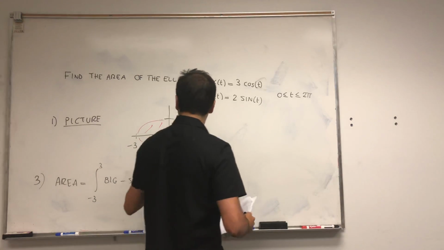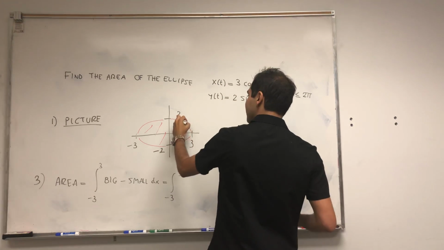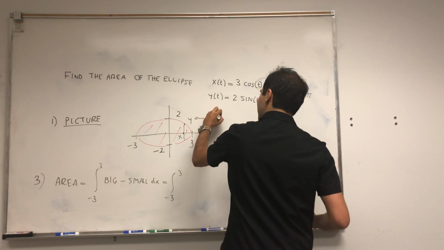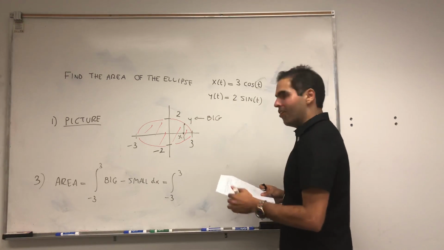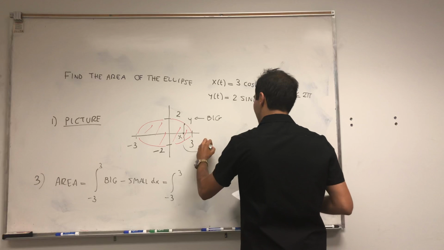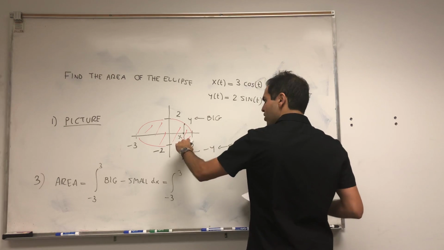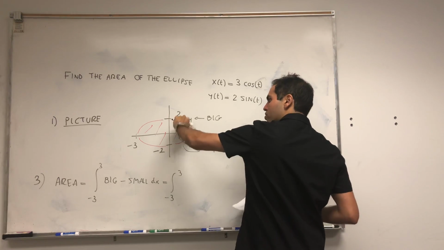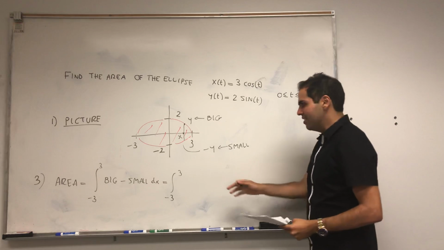Now let's use a little bit of symmetry. Suppose here we have x and this is y. So suppose the big function is y. By symmetry, the smaller function has to be minus y, because this portion of the ellipse is the same as the top portion, just reflected across the x-axis.